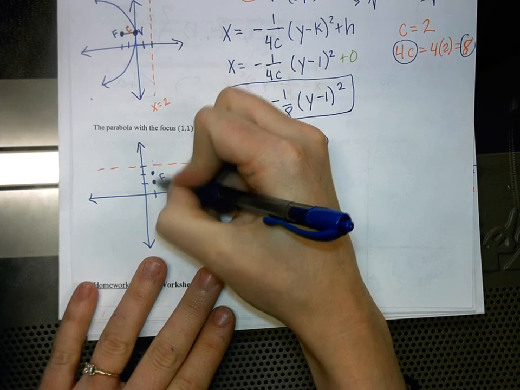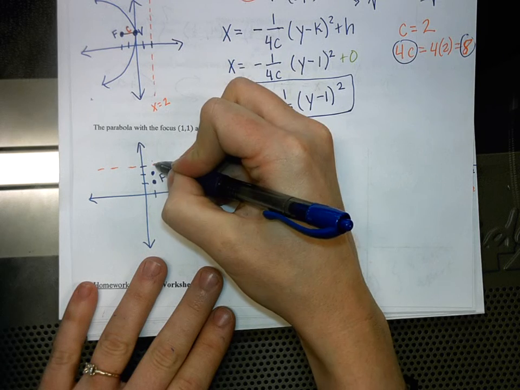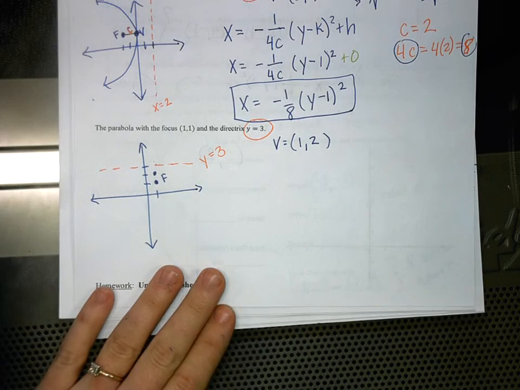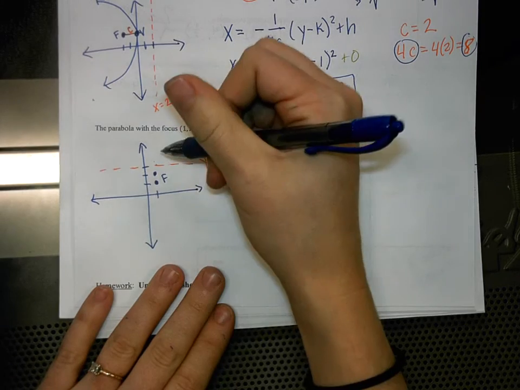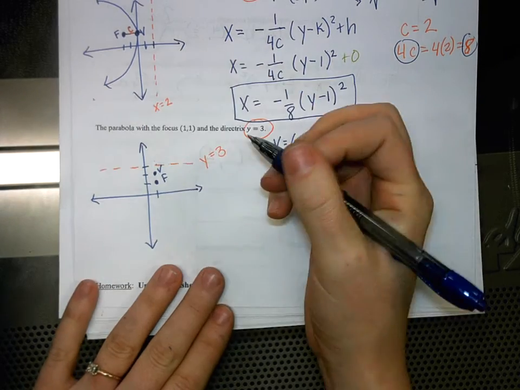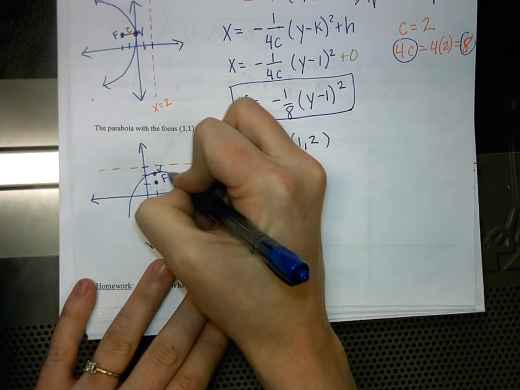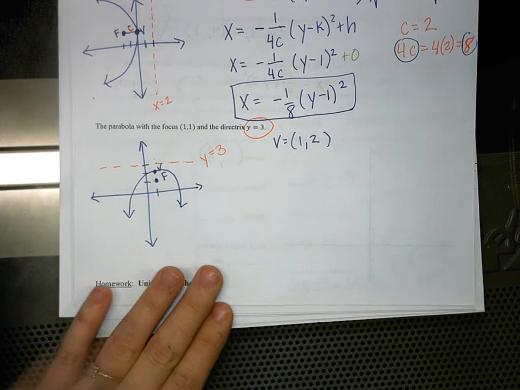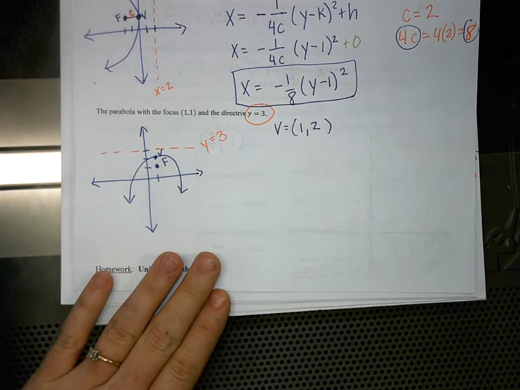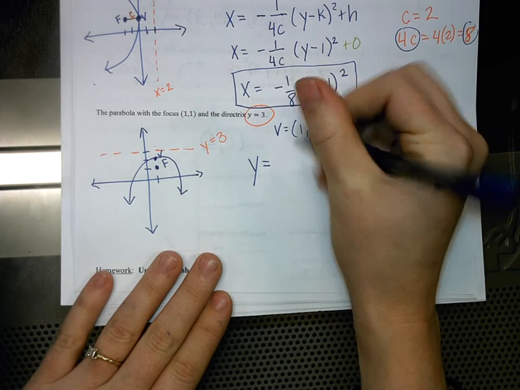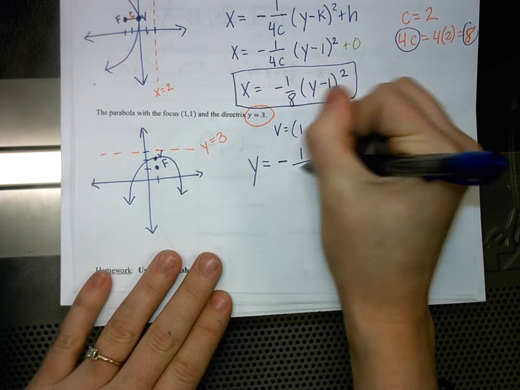Directly in between your focus and your directrix. It's got to be the same distance either way, so that's 1, 2. That's the vertex there. What direction does this open? Down toward the focus. Is it y equals or x equals? Is it a positive or negative a value? Negative.